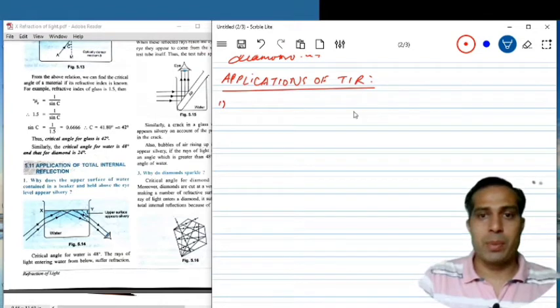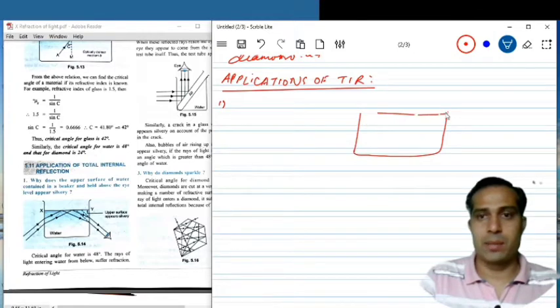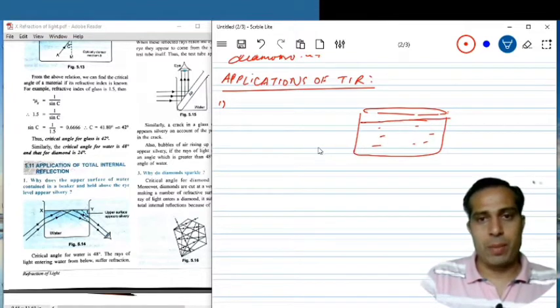So why does it happen? This happens because, suppose this is the water taken in the glass. Here in this there is the water. This is the level of water, suppose, and the ray of light which is traveling from the rare medium, entering from air, will show refraction here.